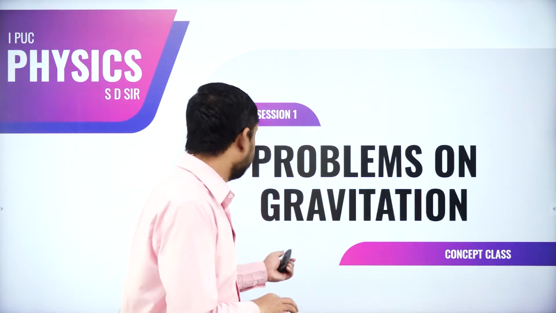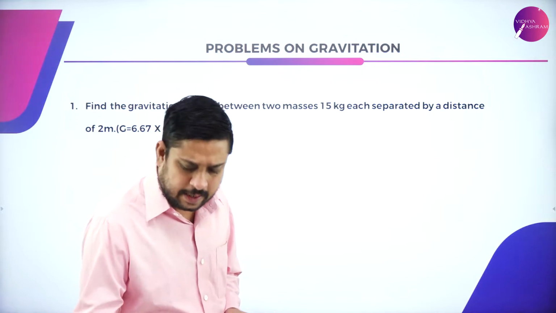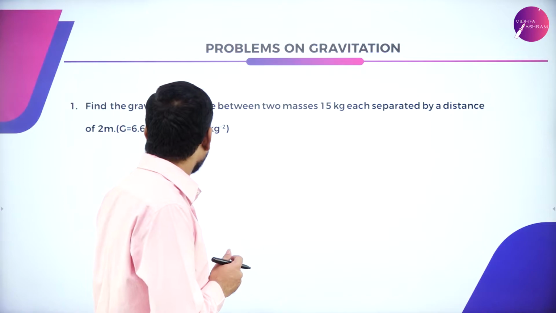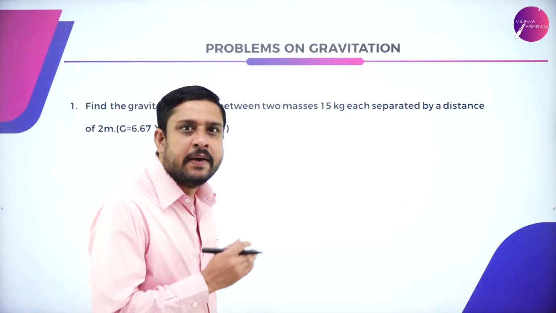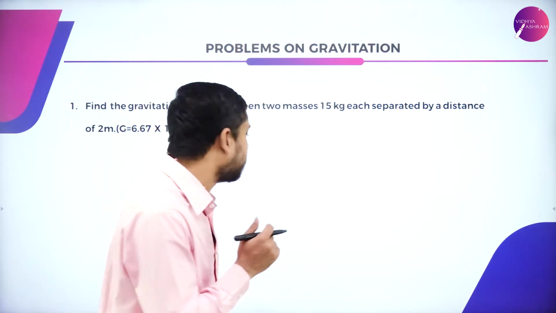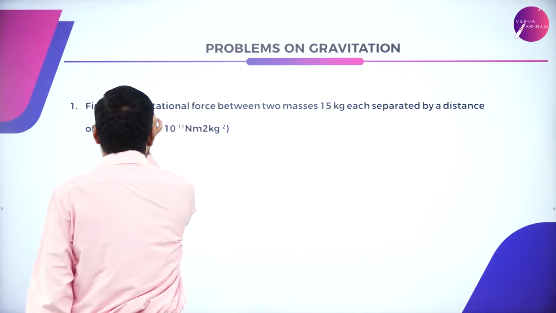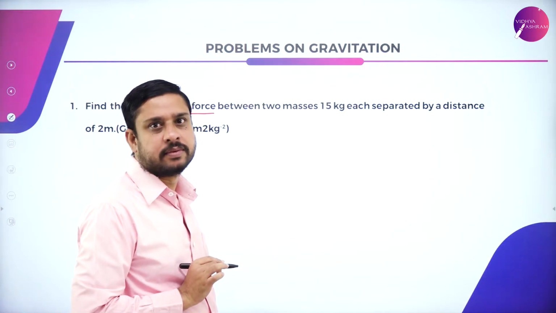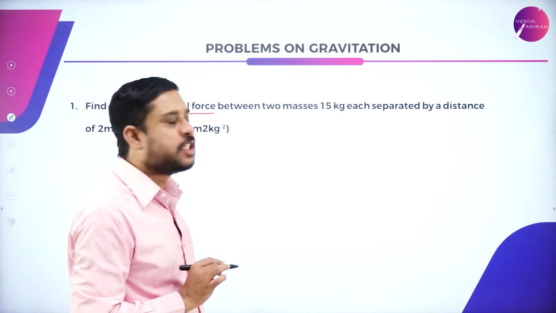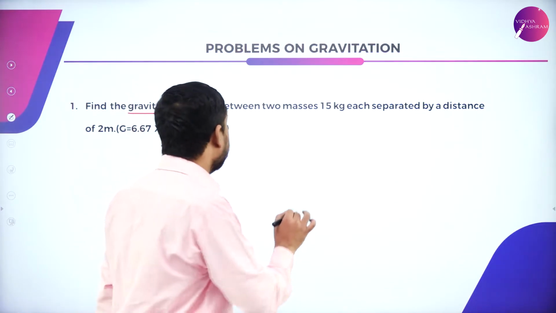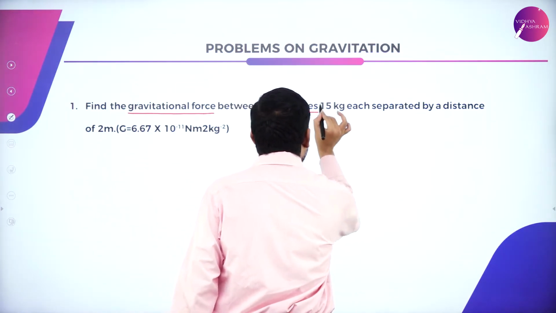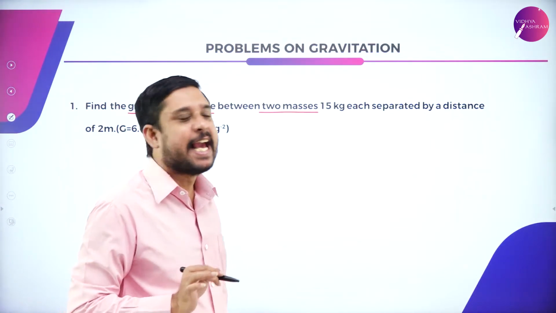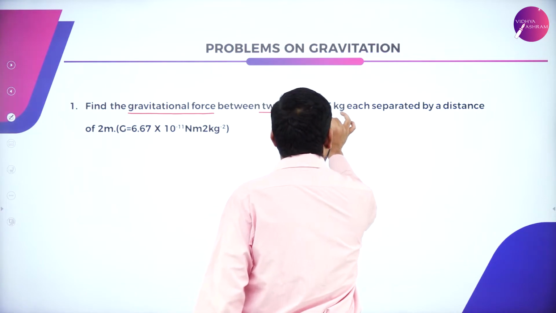The first problem, a very simple problem, where the problem says we have to calculate the gravitational force between two masses of 15 kg each.